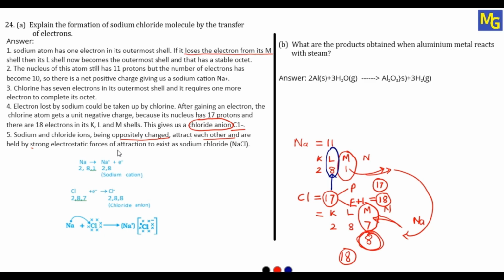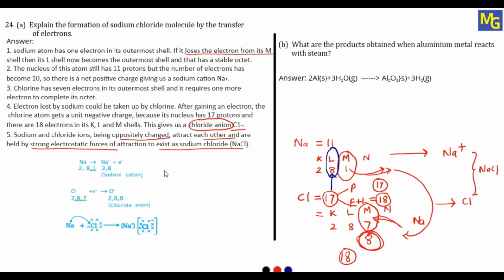Now the sodium and chloride ions, being oppositely charged, attract each other and are held by strong electrostatic forces of attraction to exist as sodium chloride. So here we got Na+, and from this process we got Cl-. This is the positive charge, this is the negative charge, and they both attract each other and are held by a strong electrostatic force, and then we get our sodium chloride.